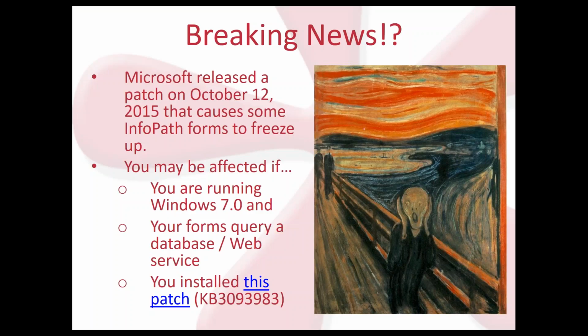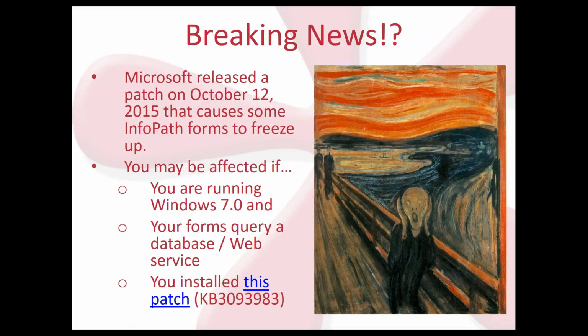There was a patch that came out on October 12th, 2015 that causes some forms to freeze up. In general, removal of this particular patch, KB 3093983, has been solving people's problems. However, in doing research, we have not seen this patch alone cause a problem, and I want to be clear about that.